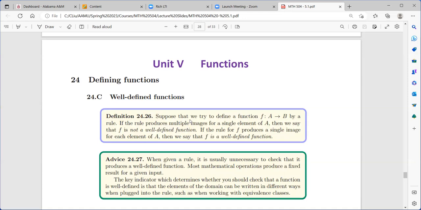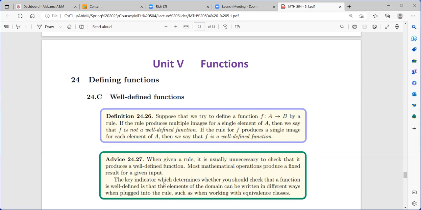Suppose that we try to define a function f from A to B by a rule from set A to set B. If the rule produces multiple images for a single element of A, then we say that f is not a well-defined function. It is not a function. If the rule for f produces a single image for each element of A, then we say that f is a well-defined function, or a function in short.